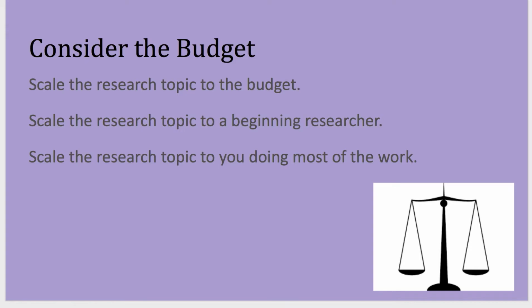And lastly, you want to consider the fact that the majority of the budget should go to pay you because you're going to be doing most of the research work. A lot of the foundation of this grant is the idea that you're going to be the one in the field collecting the data, analyzing the data, and writing it up.